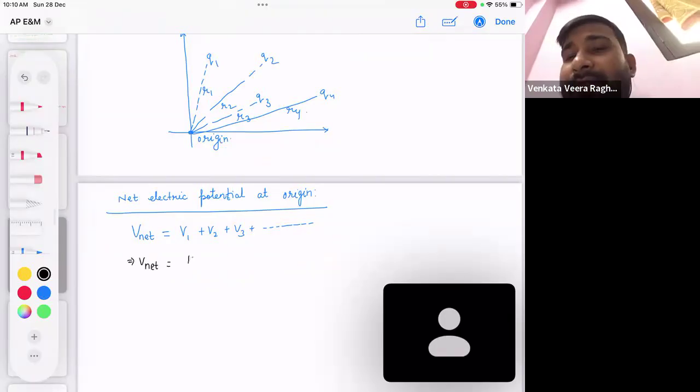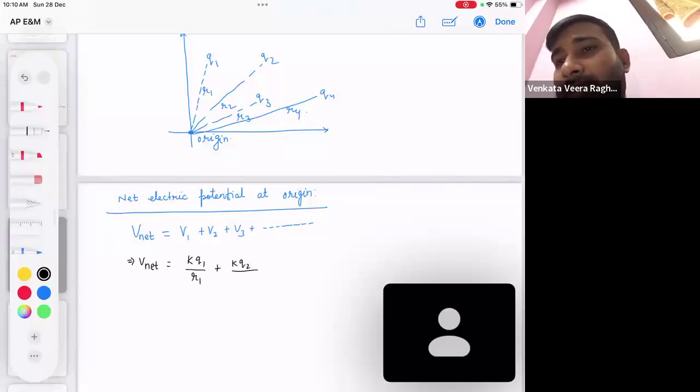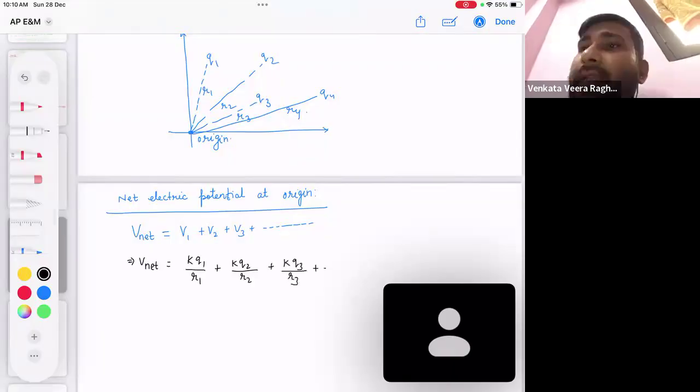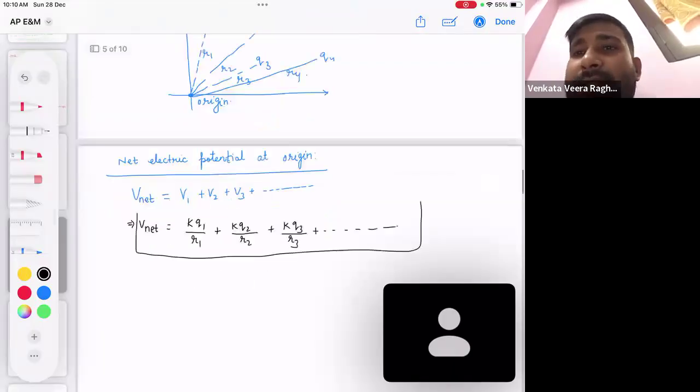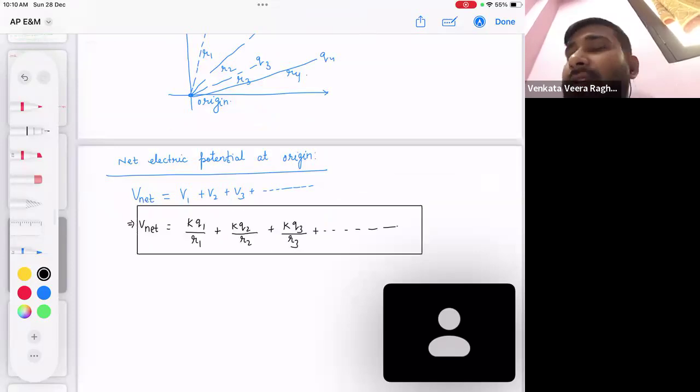V1, potential due to charge 1, will come as kQ1 by R1. Due to the second charge, kQ2 by R2. Third charge, kQ3 by R3. Like that we can add all these potentials, right? And then we will get the net potential at the origin. Understood?